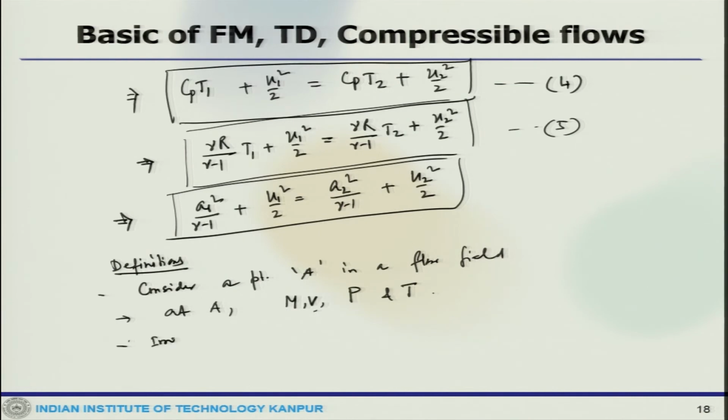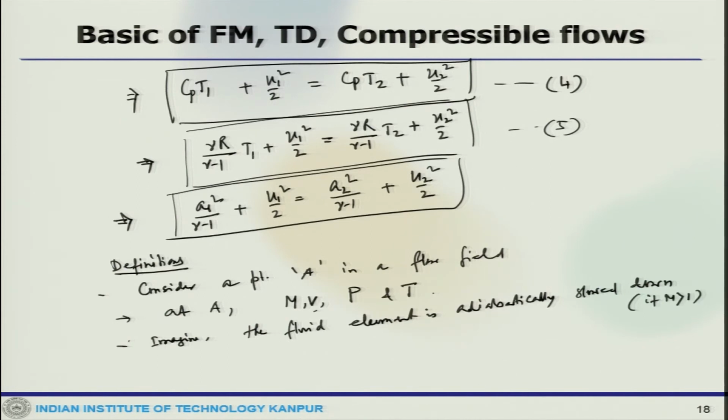Let us imagine the fluid element is adiabatically slowed down, that is, if the Mach number at that point A is greater than 1, then it is slowed down, or speeded up if the Mach number is less than 1.